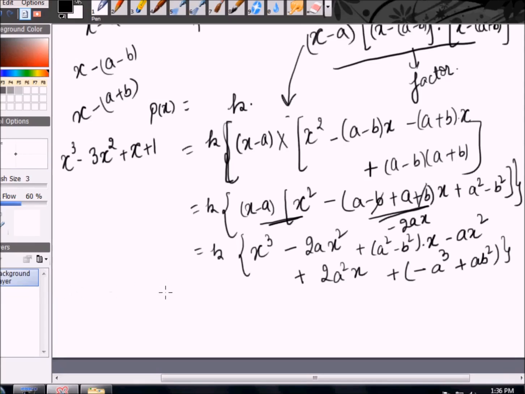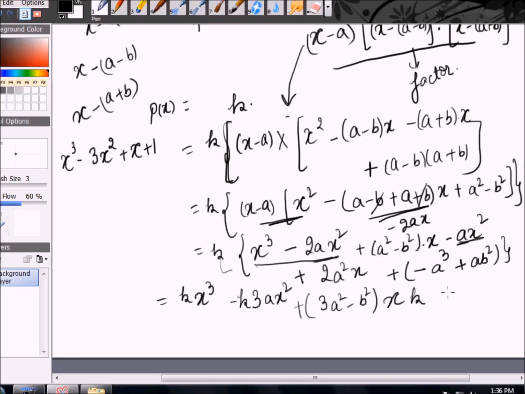Thus, we get k into x cube, and these two are square terms, so we can join these as minus 3a x square plus k from the outside, and the x terms as (a square minus b square plus 2a square), which gives us 3a square minus b square into k from the outside, and the constant term as (a b square minus a cube) into k.